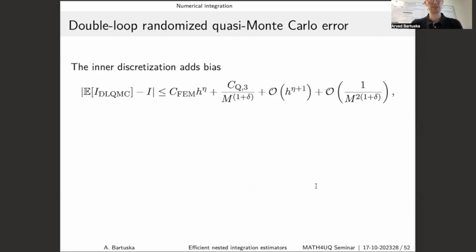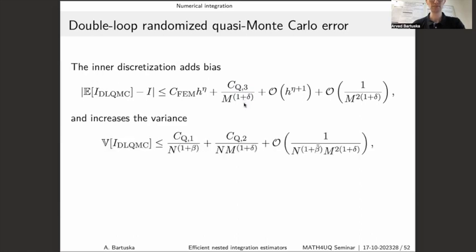For the randomized quasi-Monte Carlo estimator, we again have the finite element bias. The inner bias is reduced because the inner variance is reduced by this factor delta. Also in the variance, this delta appears. And now the outer variance is reduced by a factor beta. Beta and delta are assumed to be a bit different because, as I said, they depend on the dimension and also on the regularity of the integrand.